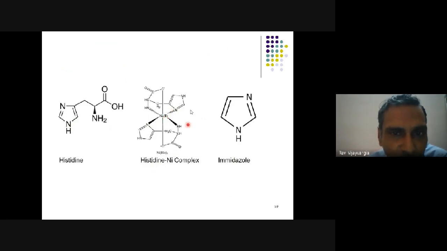To remove them, we use a molecule called imidazole. The ring of histidine is called the imidazole ring. When we put free imidazole, it is able to replace the his tag proteins from the column, and imidazole will bind to the nickel. So by providing competition with imidazole, you are able to elute the proteins out.